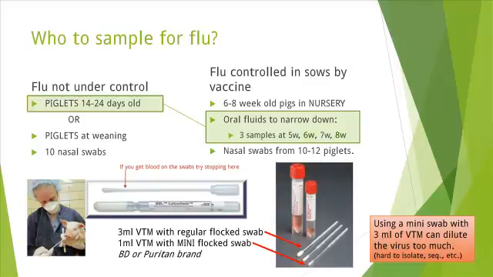The next question is always, what swabs do I use? So for the most part, I just use the culture swabs. The problem with those is sometimes they come out with blood on them if you go too deep. It is a good thing to go deep in the nose to get the flu, but if it's compromising your sample with blood, I will tell you, for the most part, we've started to look at this, we're not isolating virus.